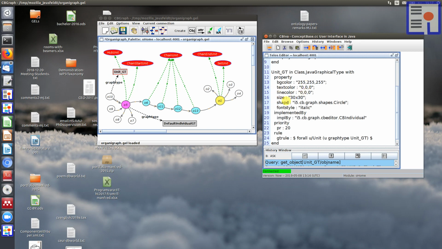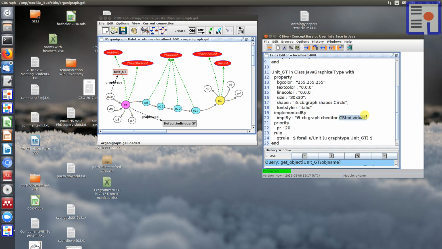Black text color, etc. It has a certain starting size, 30 by 30. The shape is not a rectangle but circle-like. It's more an ellipse here, but it's a circle. The font style is set to italics.